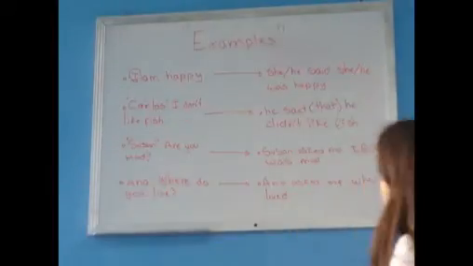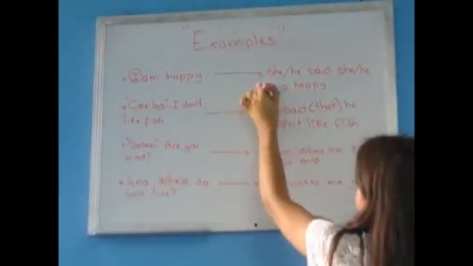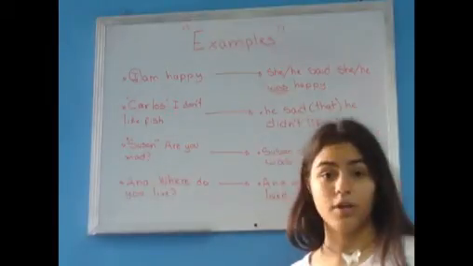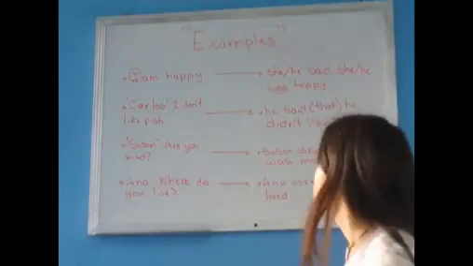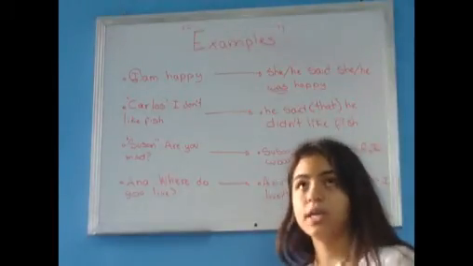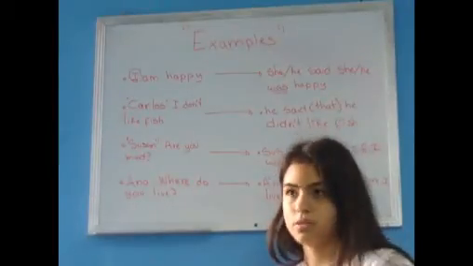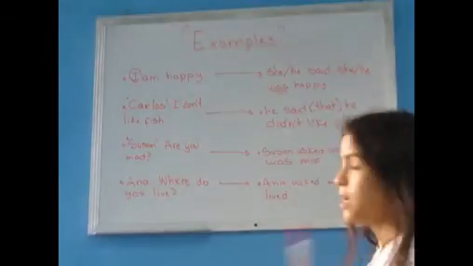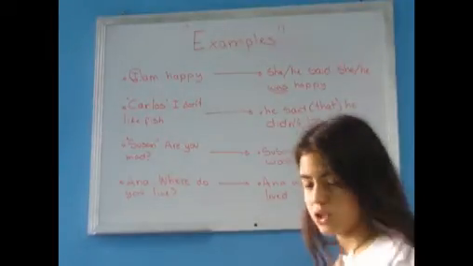As you can see, we change am to was, because when you're talking about I, he, she, it, we say was. When we're talking about you, we, they, we say were. This is something important that you need to take into consideration. Or you can say she said that she was happy, but this is optional.